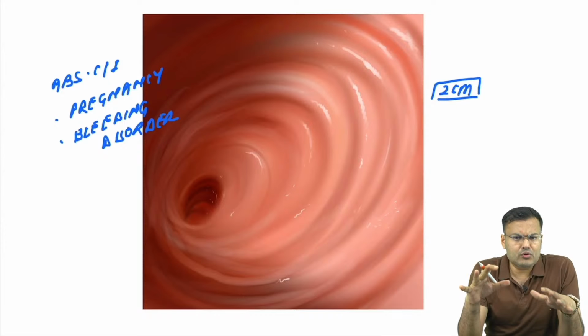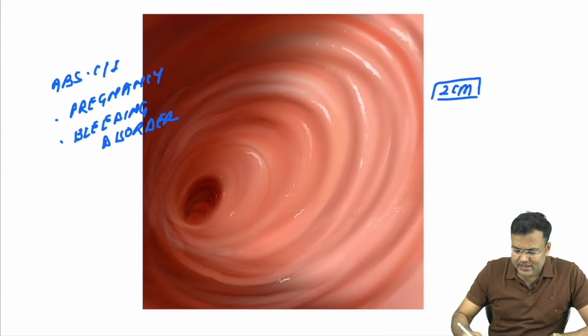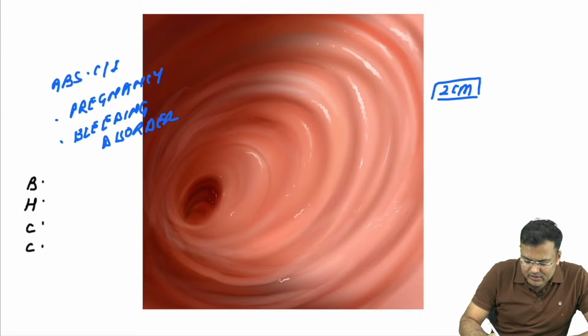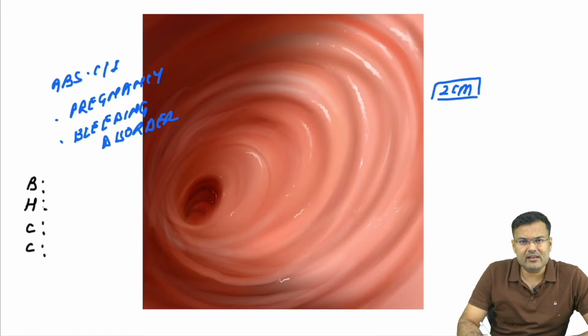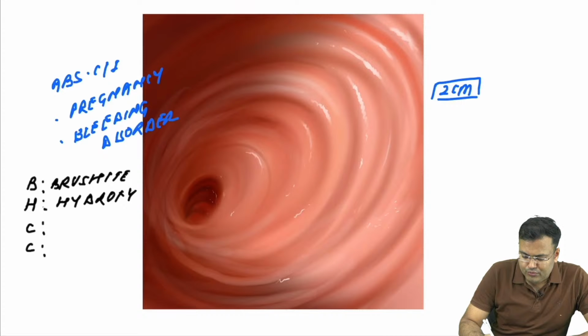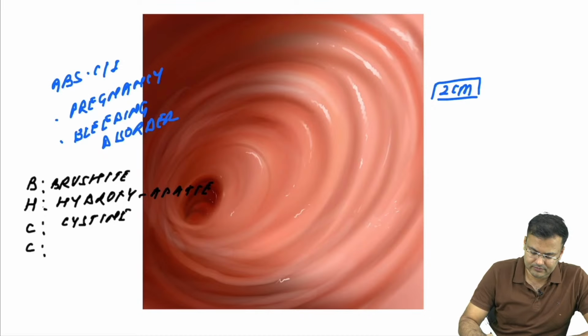There are certain stones which are very hard, not easily broken by ESWL, and how to remember? The mnemonic is BHC2. Guys, can you tell me the full form? BHC2: brushite, hydroxyapatite, cysteine, calcium oxalate monohydrate.